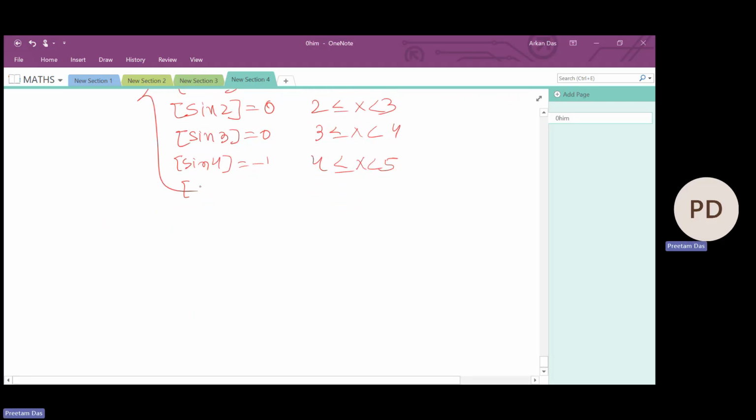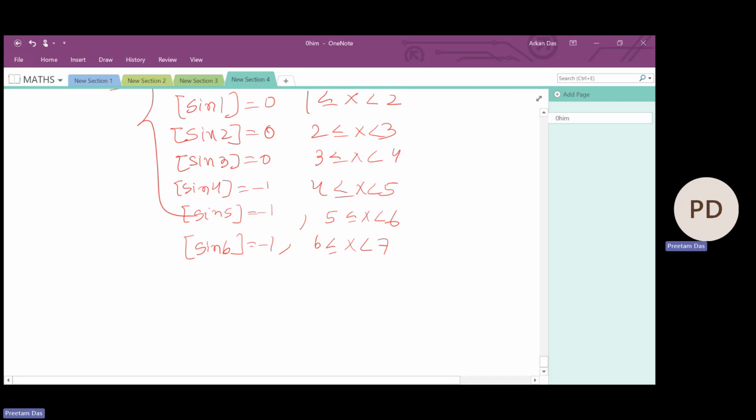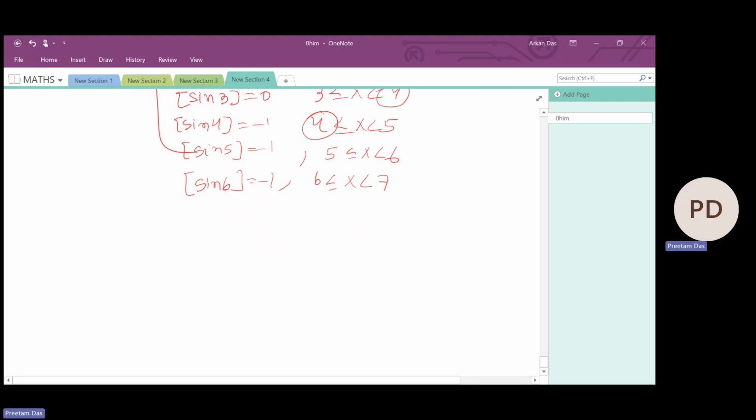So we have to find all the values up to 2 pi. Okay, so we can see only here the function is discontinuous. Everywhere else it is continuous. So where does it break? It breaks at 4. So what will be the x and y coordinates?